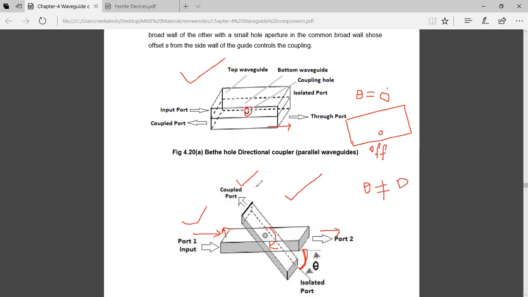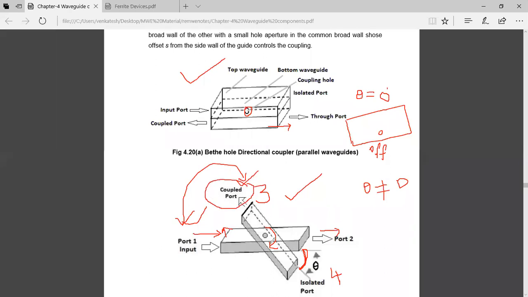Here this is port 3 and this is port 4. There is coupling between port 1 and port 3 when this angle is maintained. The signal will come out of port 3, so it is recorded as the coupled port.